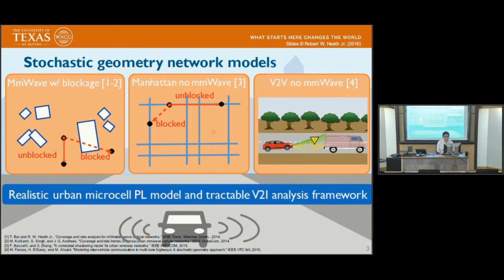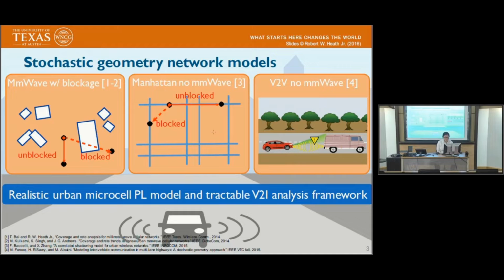The buildings are modeled as randomly oriented, and if the link is blocked by a building, it is treated as a non-line of sight base station. Where it's not blocked, it's a line of sight. And these different types of links are differentiated by different pathloss exponents.